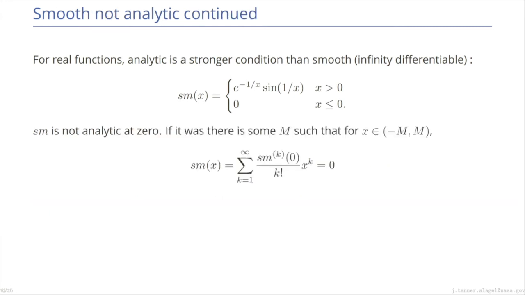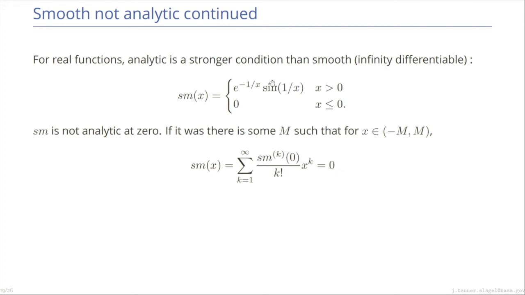So SM is smooth, but it isn't analytic at 0. And the reason it's not analytic is if there was some M where SM was equal to this power series around 0, this power series would be 0 because SM^(k) at 0 is 0.